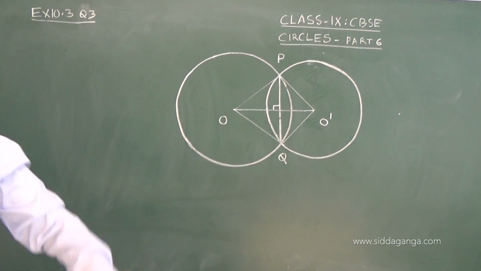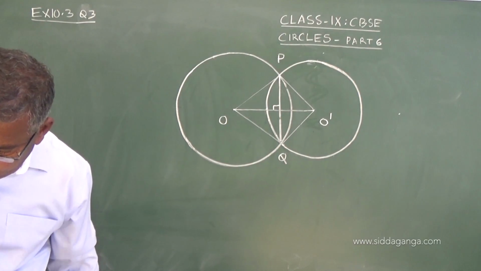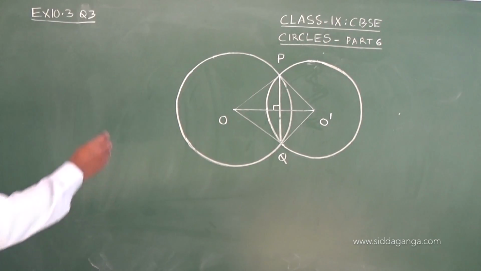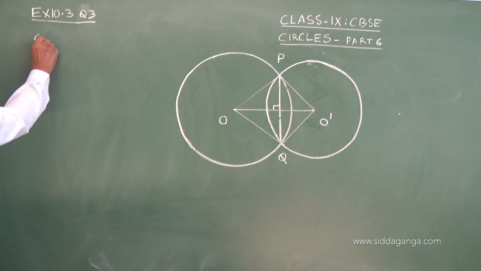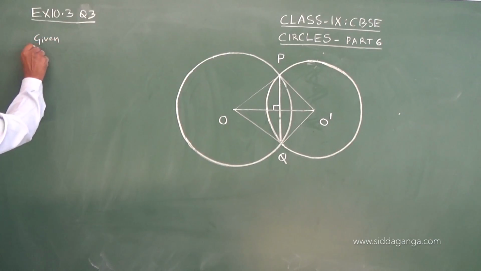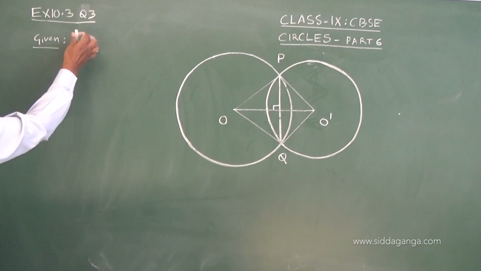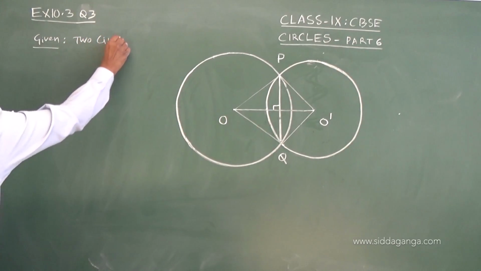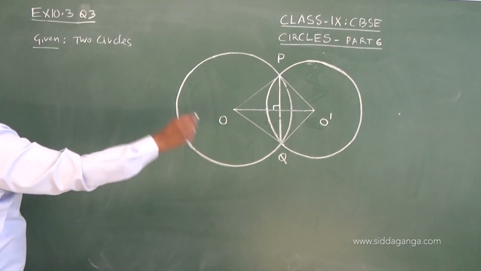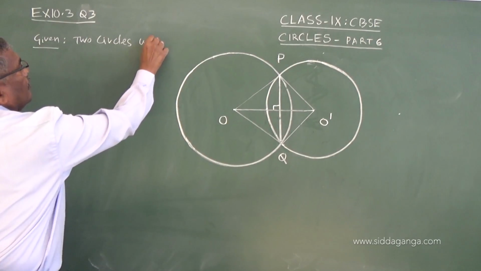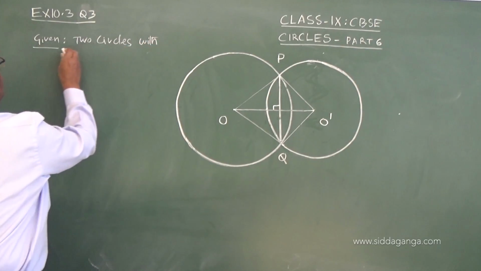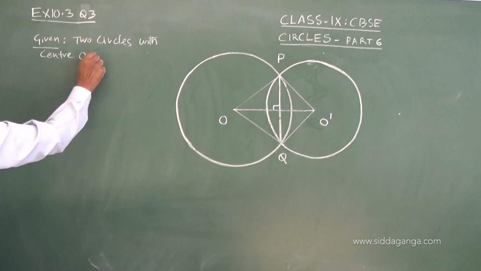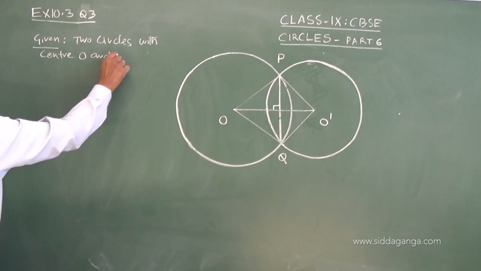So now let us start with the given problem. Given two circles with centers O and O dash.